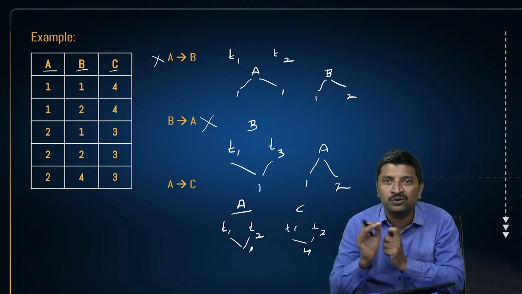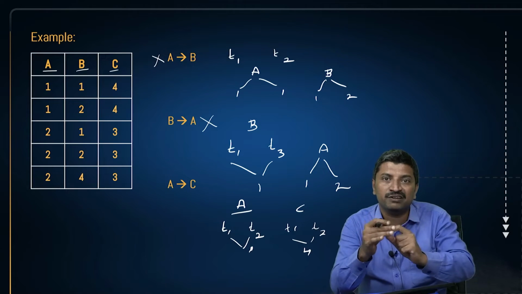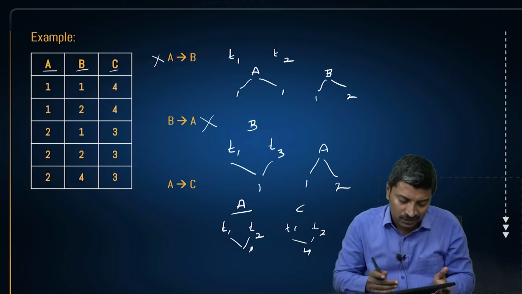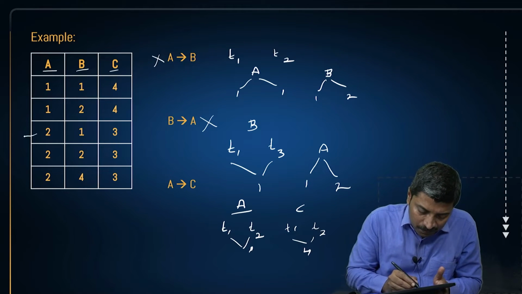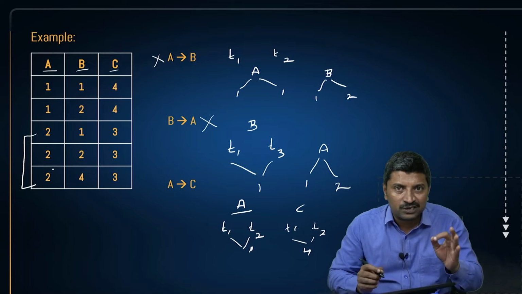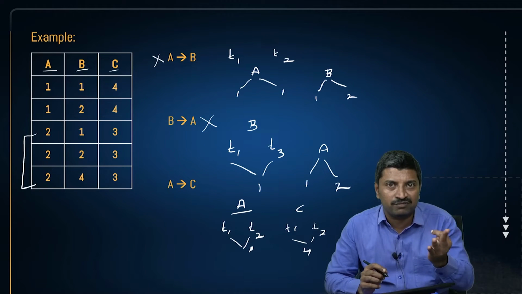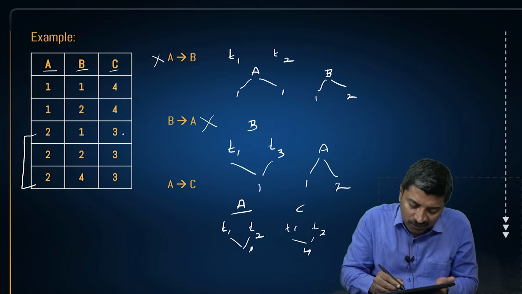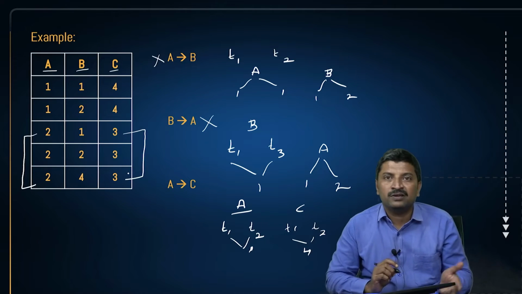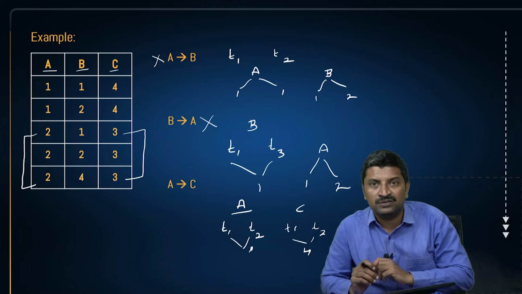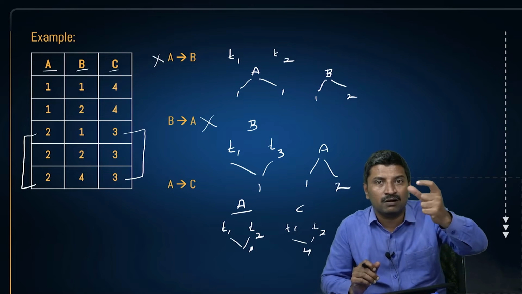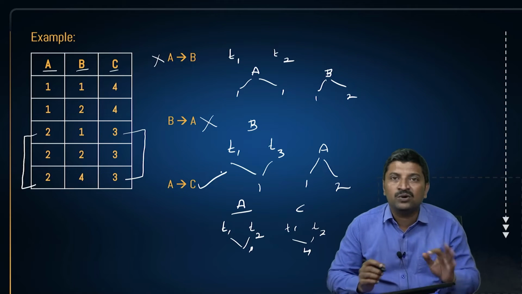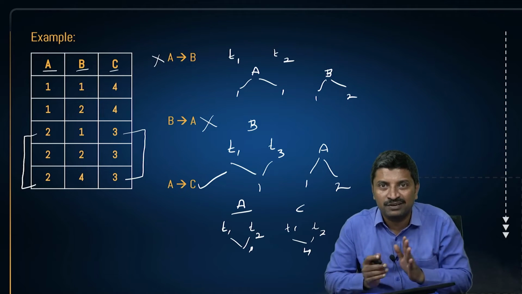Then what we need to do? We should not say it holds. Then verify whether there are any more tuples with the same values of the left hand side. In this case, tuple 3, tuple 4, tuple 5, all these are having same values for A. What about the corresponding values of C, sir? They are also having same values. So that implication holds for all the equal pairs. Then we can say this functional dependency holds on the given relation instance. Is that clear, sir?